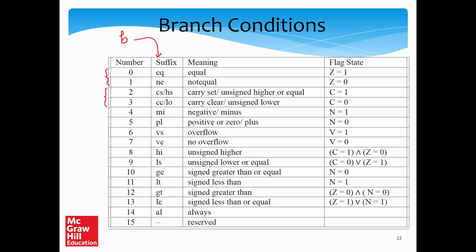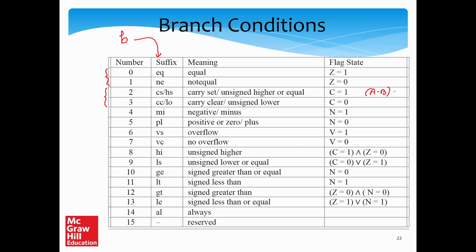Let's consider HS. HS means unsigned higher or equal. When we take two 32-bit numbers, we disregard the sign bit and think of them as unsigned numbers, and we compare them. The way we would compare any unsigned number A and unsigned number B is that we subtract B from A. If A is greater than or equal to B, which means it's unsigned higher or equal, then there will be no borrow.